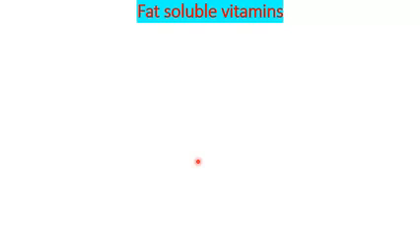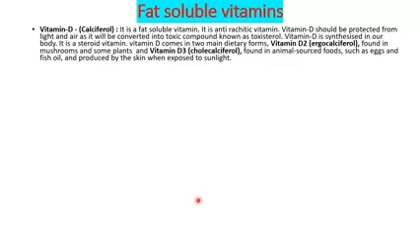Okay, so the next one is vitamin D, which is also called calciferol, which is a fat soluble vitamin. It is an anti-rachitic vitamin. Okay, its deficiency may cause rickets.